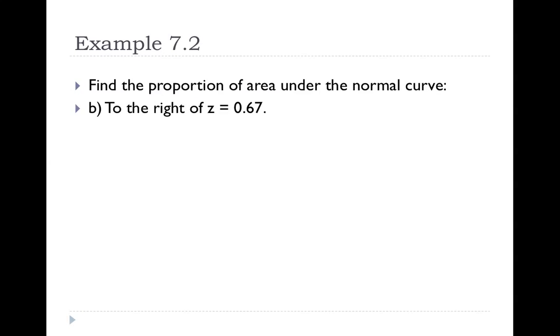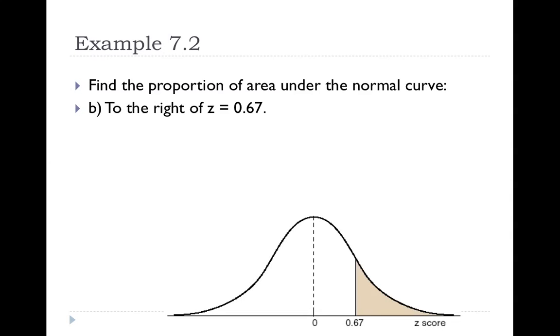Find the proportion of area under the normal curve to the right of 0.67. Okay, so we label again, z equals 0 is in the center, so 0.67 has got to be to the right of that. The area to the right of 0.67 is everything from 0.67 up to positive infinity.